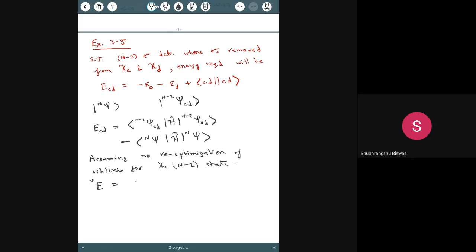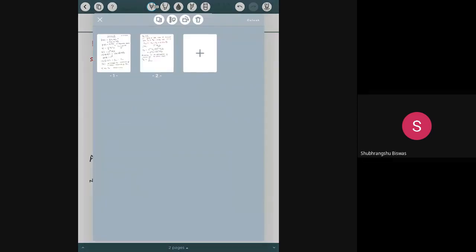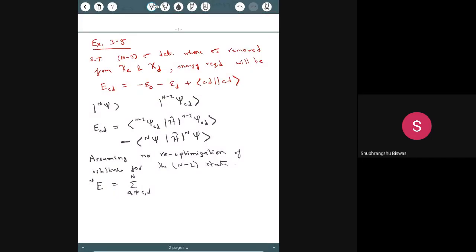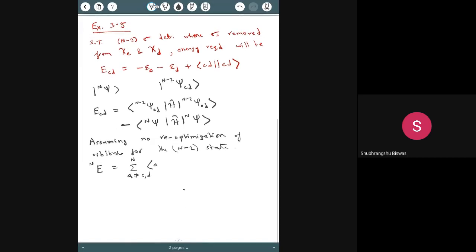En is equal to sum over A not equal to C and D. So I've written the sum up to n, but have said that A is not equal to C and D. So effectively the sum is up to n-2 orbitals. A plus half sum AB, and here again neither A nor B can be C or D.